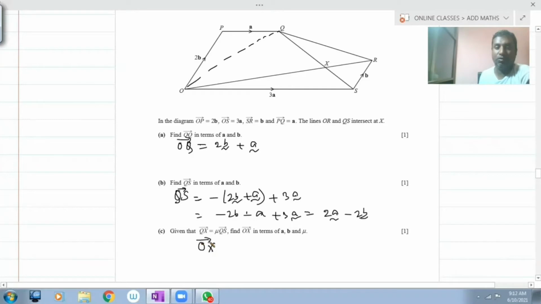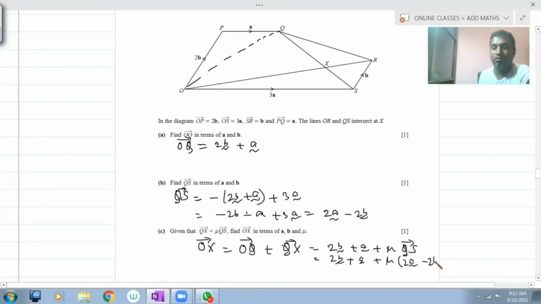We can write O to X is O to Q and then Q to X. We can use the value of O to Q that I got earlier in question 1, and QX is mu times QS. So 2b plus a plus mu times QS, and QS is 2a minus 2b. Then we can arrange this or leave it that way.